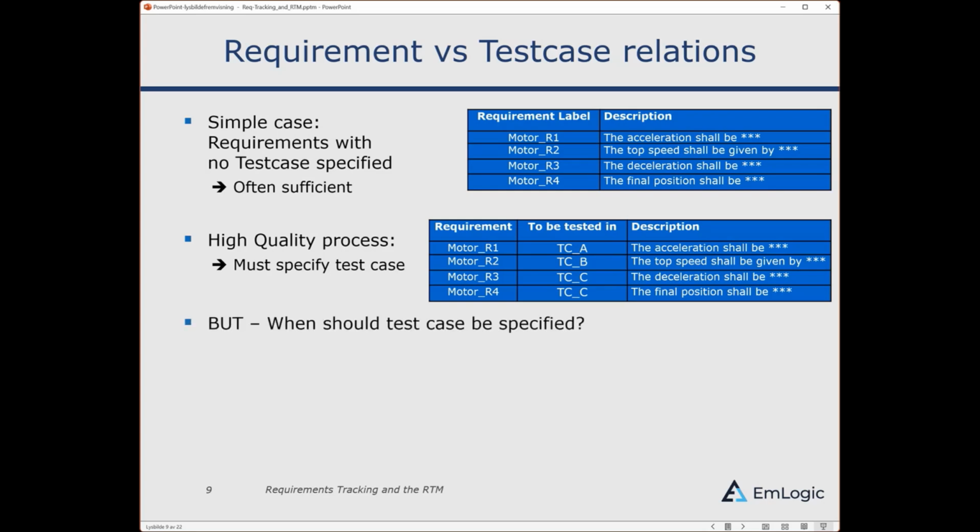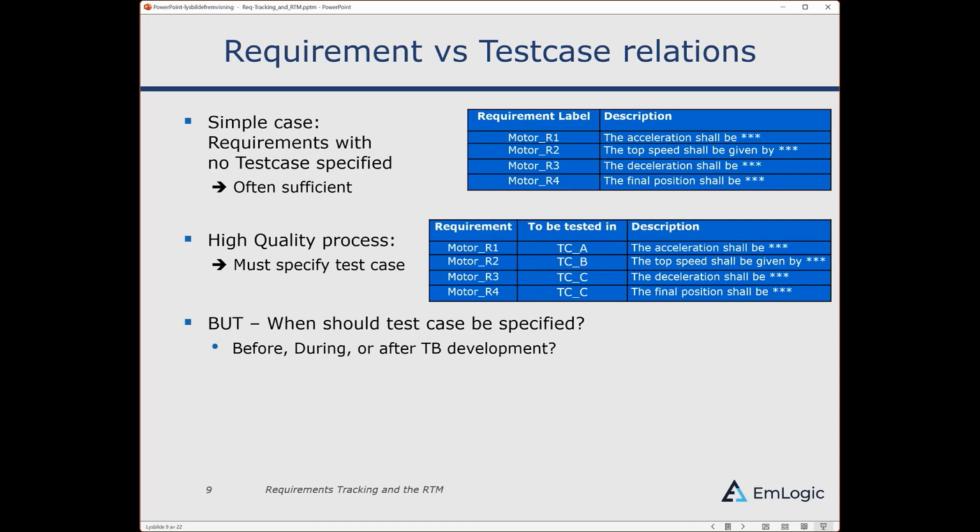But when should we specify in which test case a requirement should be executed? Should that be before, during, or after the test bench development? We could, of course, say that it needs to be before. I know some processes require that, but it might not be that efficient. Some people do it during the test bench development.